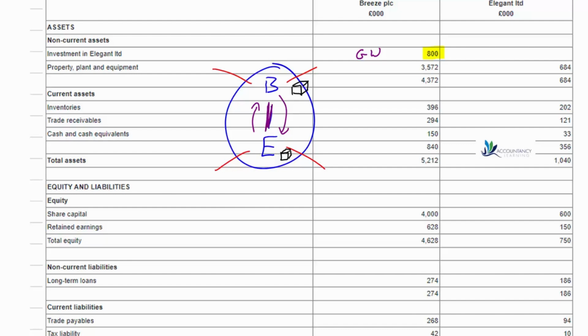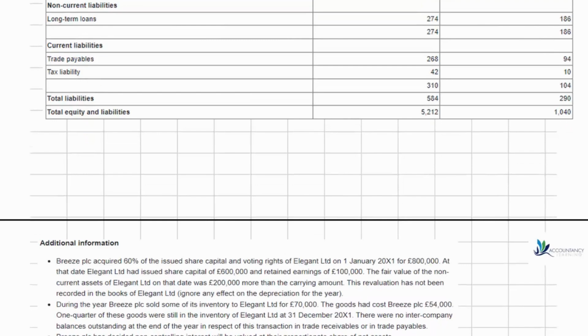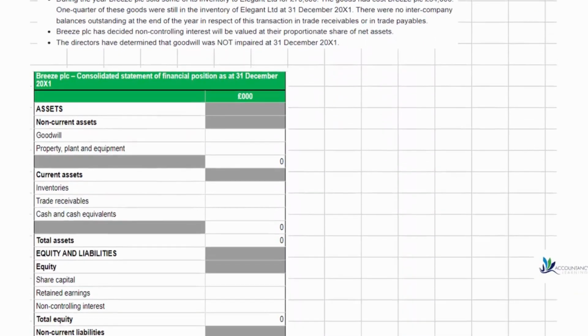So while Breeze doesn't actually control those assets directly, they do control them indirectly. So for the whole group, we control the property, plant and equipment of Breeze, and we indirectly control the property, plant and equipment of Elegant. We just need to add them together for the group accounts, and so we can put both of those numbers into our answer.